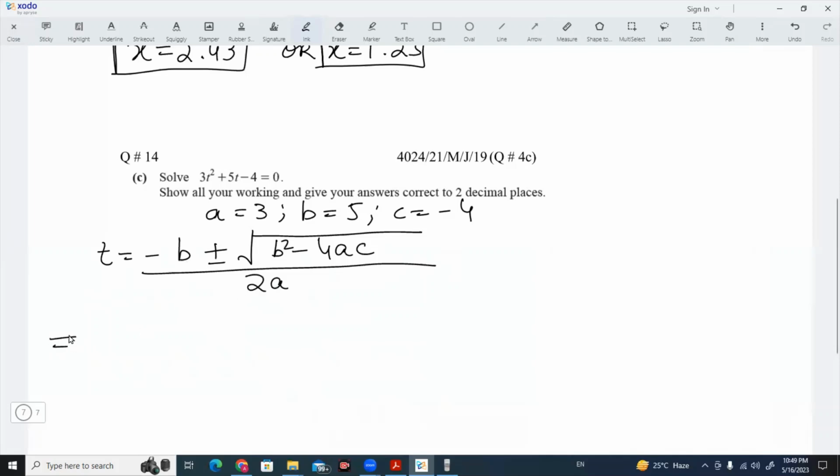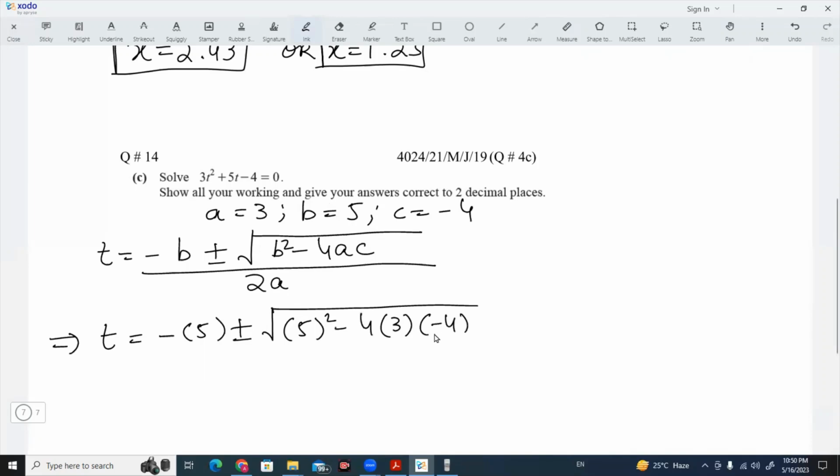Why did I put t? Because the variable is t. So it will be minus, and the value of b is positive 5. So plus minus complete square root: 5 squared minus 4 times a, where a is 3 and c is minus 4, and complete divided by 2 times 3.